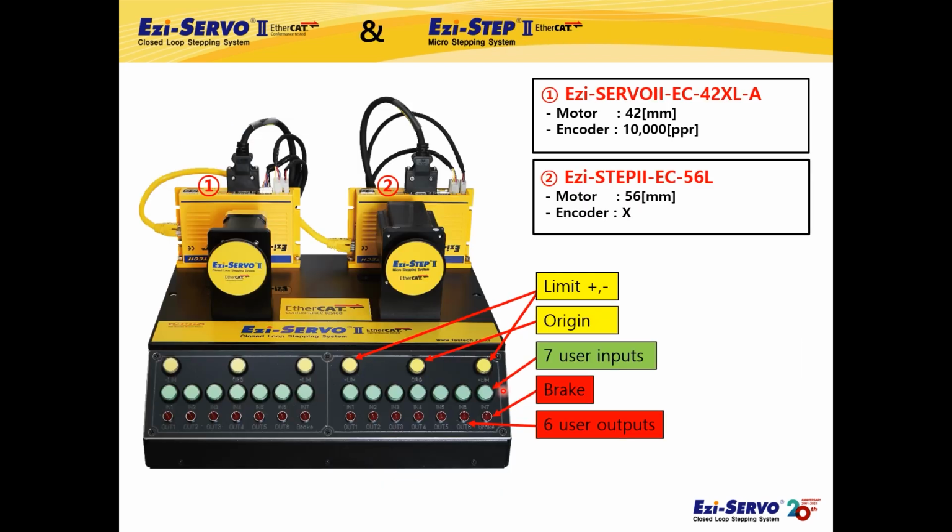And as you can see, there are limit plus, limit minus, origin on the yellow buttons of the demonstration, 7 general-purpose inputs for users on the green buttons, and 6 general-purpose outputs and breaks on the red LED. Therefore, the user can test it anytime.